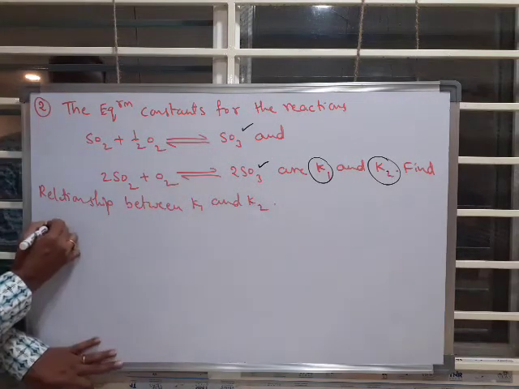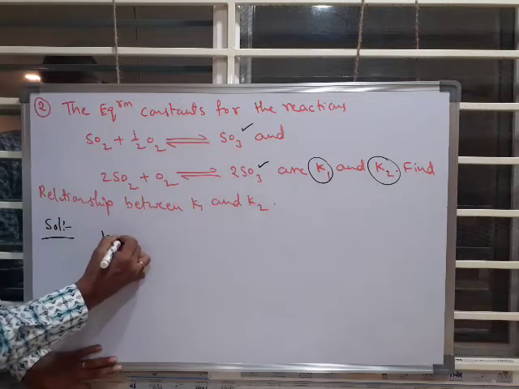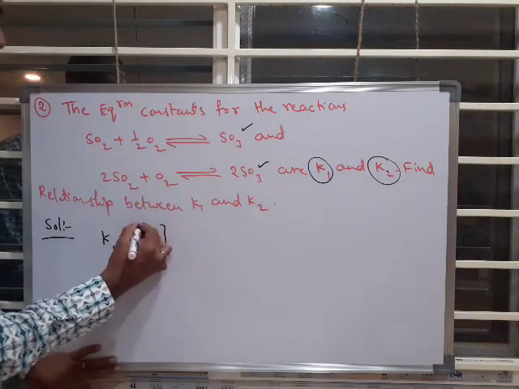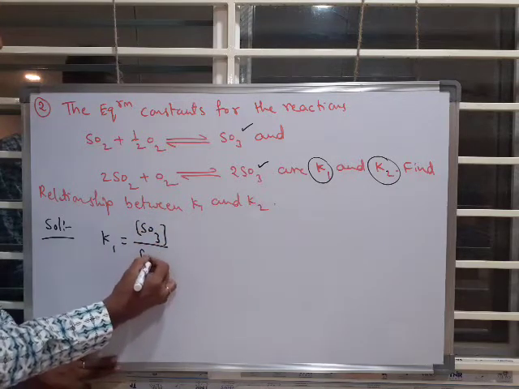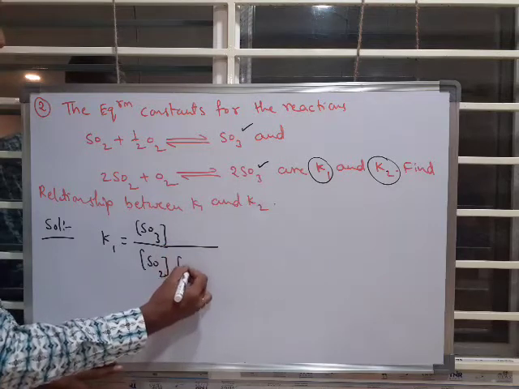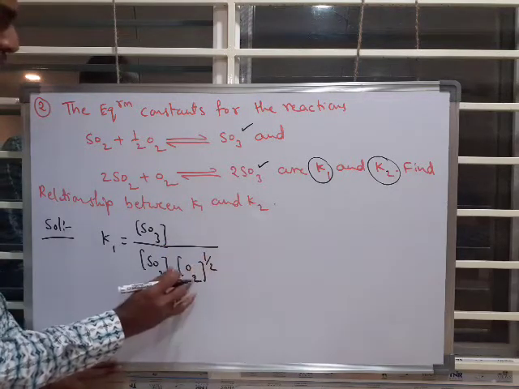So first I write the equations. What is K1? All are gases, so there is no need to leave out any concentration. SO3 by SO2 concentration into O2 power 1 by 2.